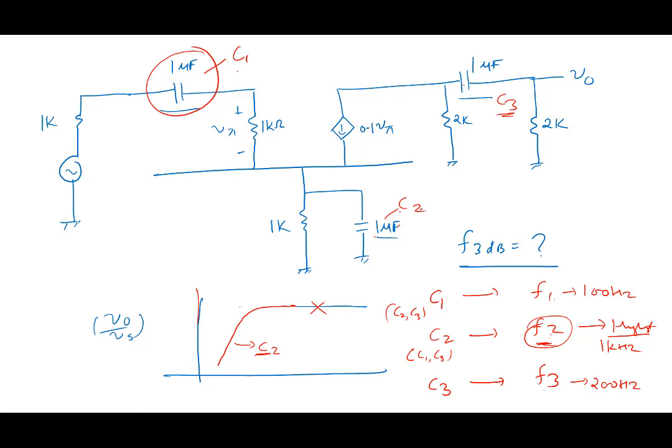So what I want you to do is, in this case, find F1, find F2, find F3, and find out which one is the 3 dB cutoff frequency for this amplifier.